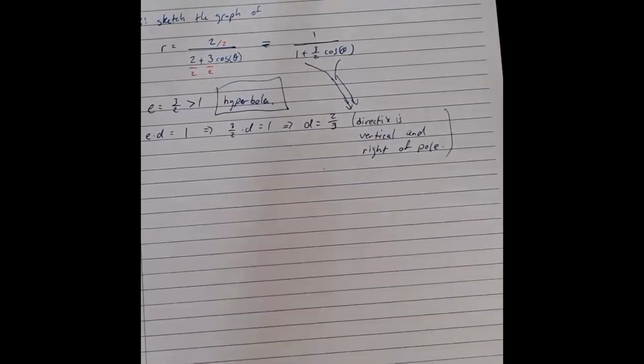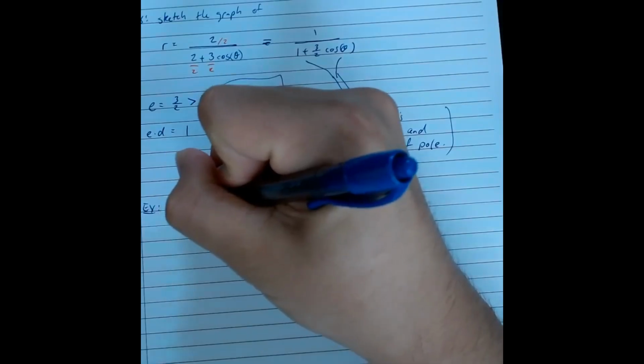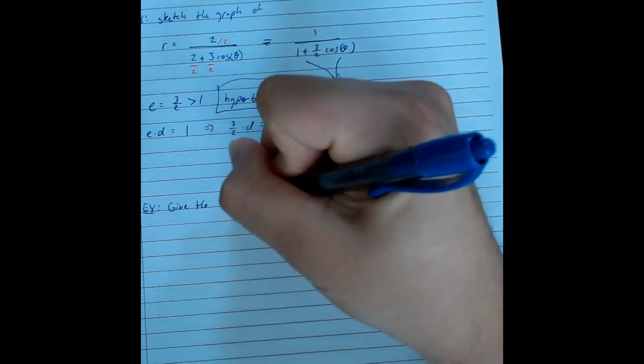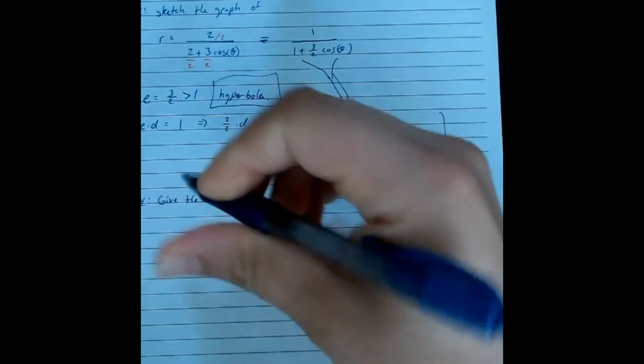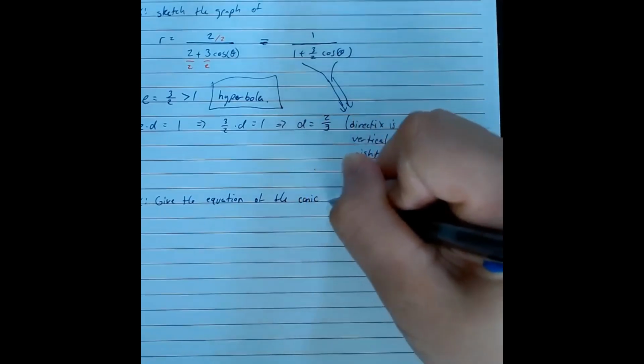As our last problem, let's go ahead and do something just like this, but backwards. Here, let's go ahead and give an equation. Give the equation, and here we're doing it in polar. Give the equation of the conic described.